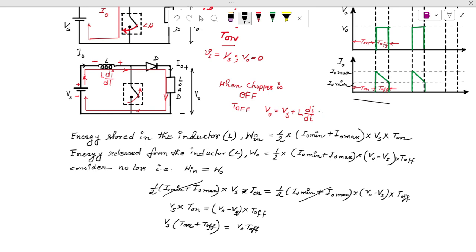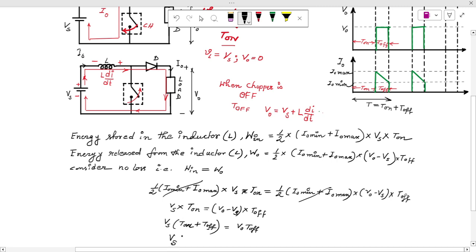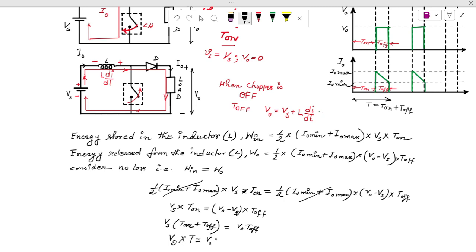This total period is called T, and T is equal to T on plus T off. It is clear to us. Both the summation is equal to T. So here we can write Vs into T, the total time period, equal to V naught into T off.